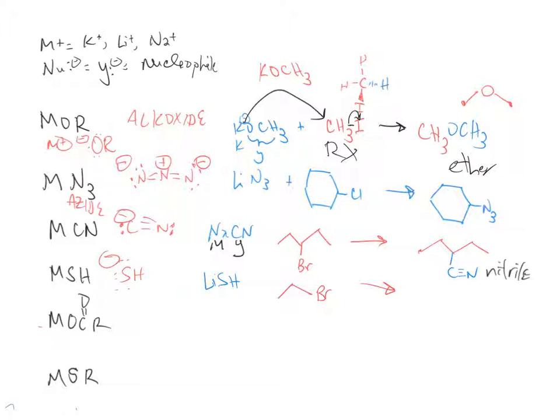So how many carbons are in this product? 2. And then we have the SH. And so we went from an alkyl halide to what kind of compound? Oh, this is a thiol. You guys just sound so motivated now.